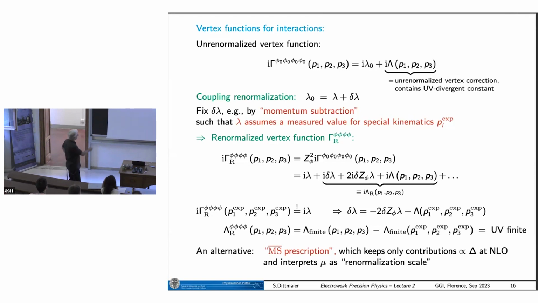Here it comes as a z squared factor. And if you also expand this into this delta z as before, you do this replacement here, then you see that in one loop order, you just have this renormalized version of this special green function. This is lambda plus contributions from renormalization constants delta lambda and delta z.